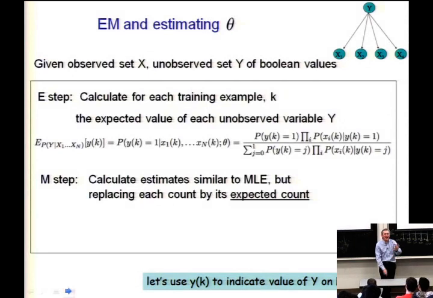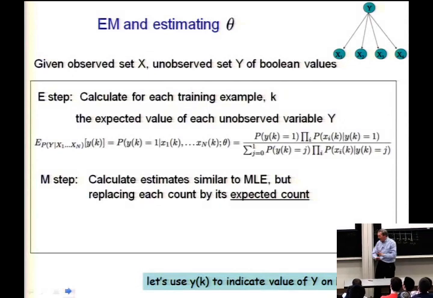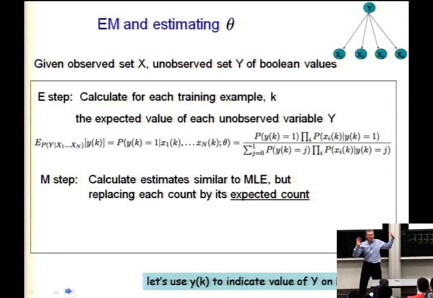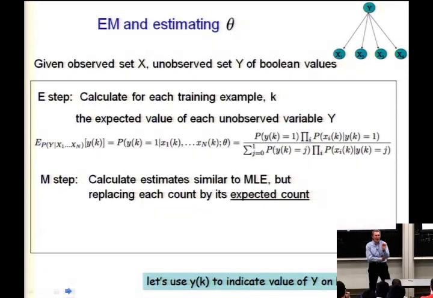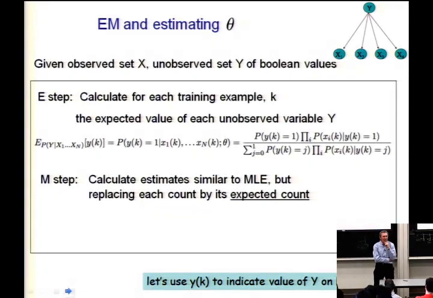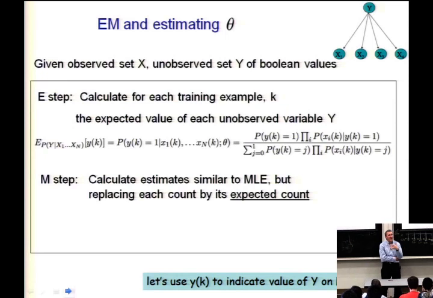If I hadn't even mentioned EM or done any of these formulas, if I'd started this lecture by saying, if I wanted you to train your naive Bayes classifier, and I gave you some unlabeled examples, what would you do? You might have said to me, well, I don't know, but here's a heuristic idea. We could train it just from the labeled examples, and then we could use that trained classifier to assign labels to the unlabeled ones.